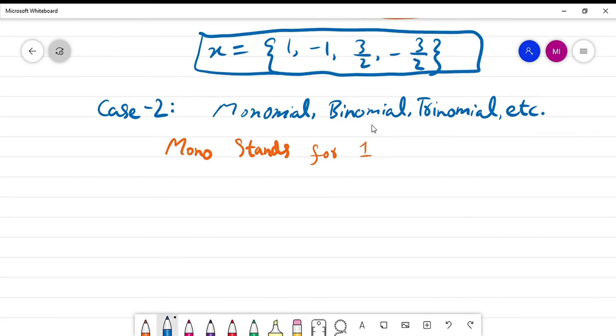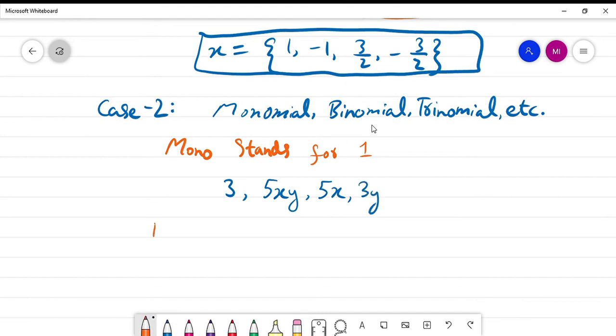So a monomial is a polynomial with only one term. So it can be a constant such as 3, or an expression such as 5xy, or just 5x, just 3y.